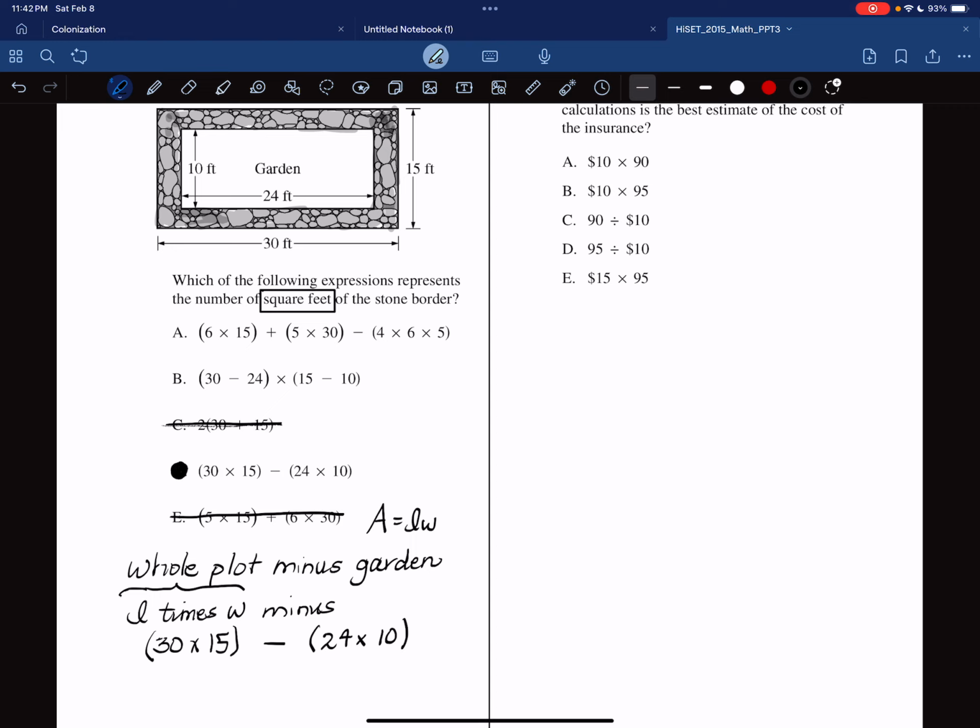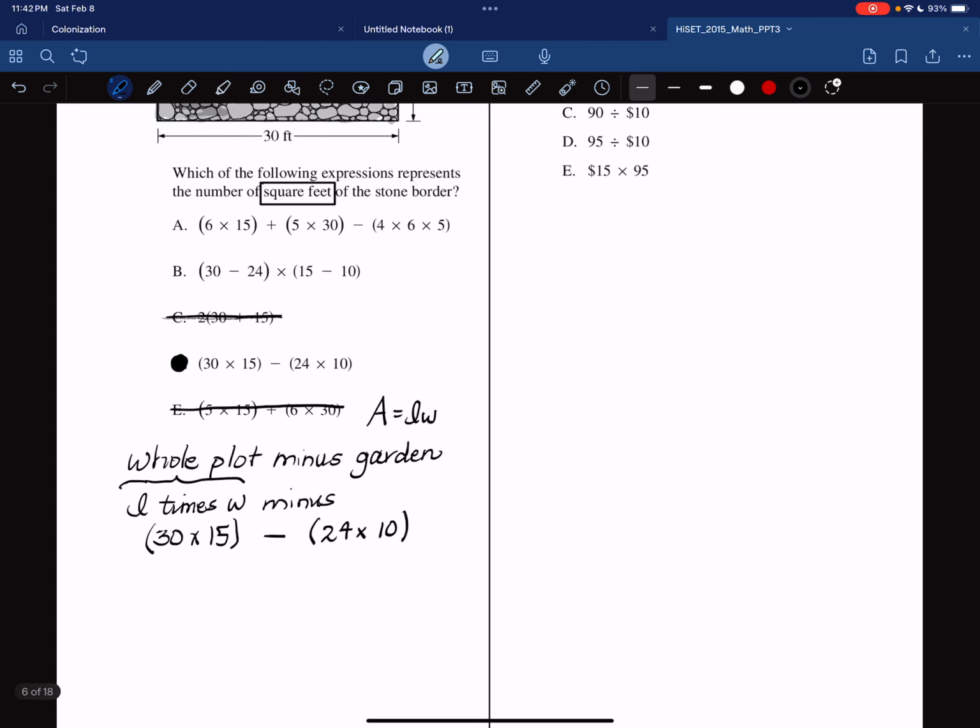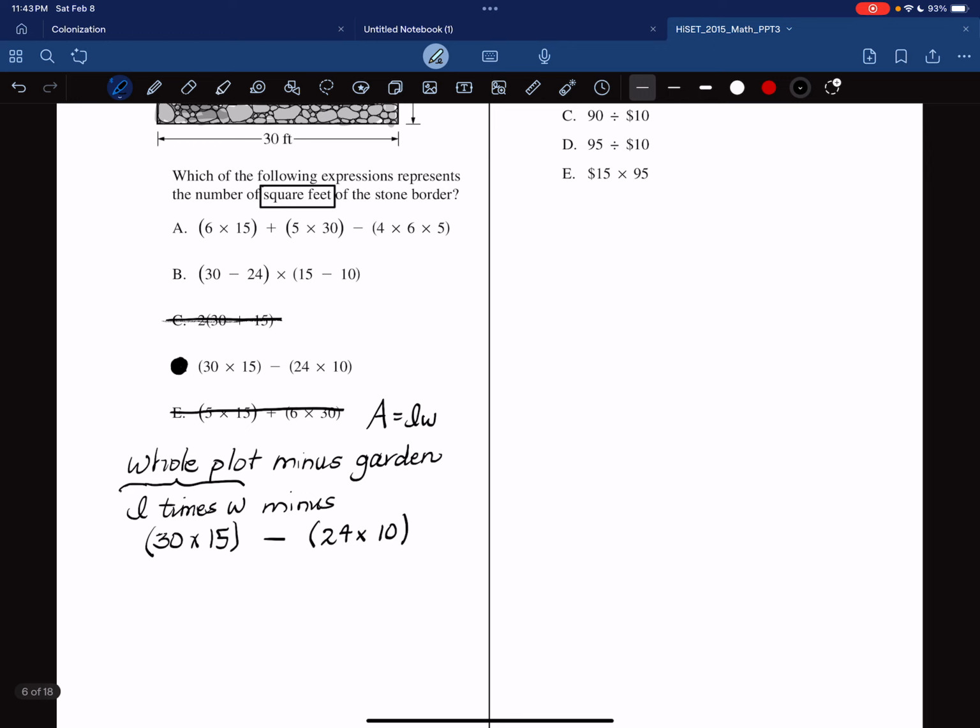We do not have to solve it. But I'm going to go ahead and show you how to solve it, just in case you should have to do that. So I'm going to have 30 times 15, that's 450, minus 24 times 10, that's 240.